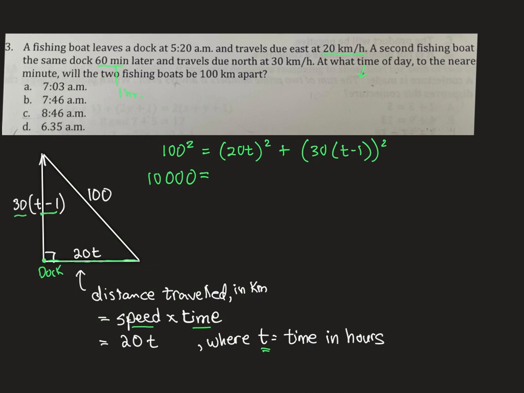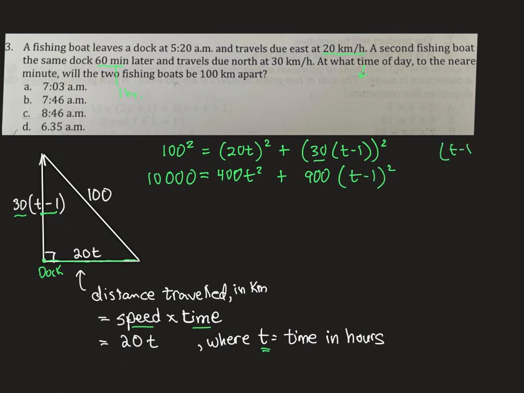When you're squaring 20t, you have to square the 20 and the t because they're being multiplied. So you'd have 400t squared plus, and same thing in here, we have a 30 and a t minus 1. So 30 squared, actually I can just write that as 900. And then (t minus 1) squared, we're going to have to expand that.